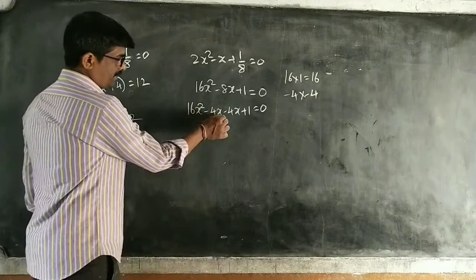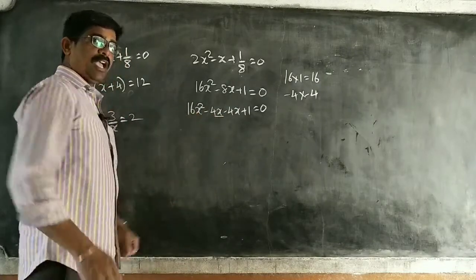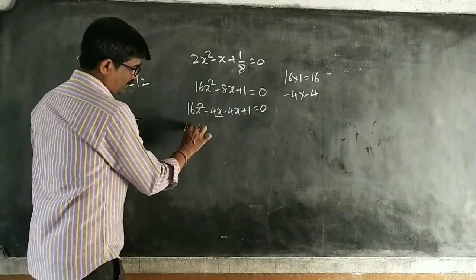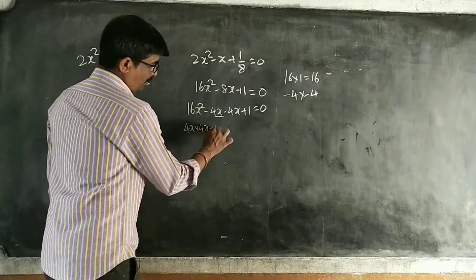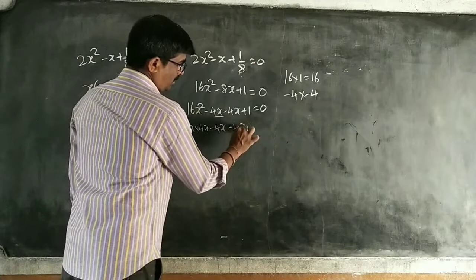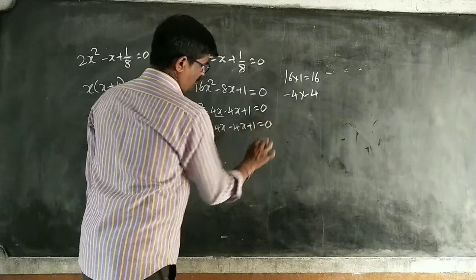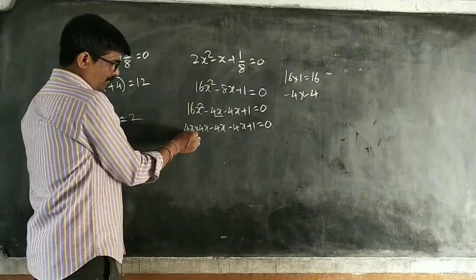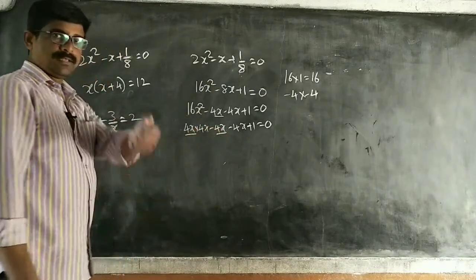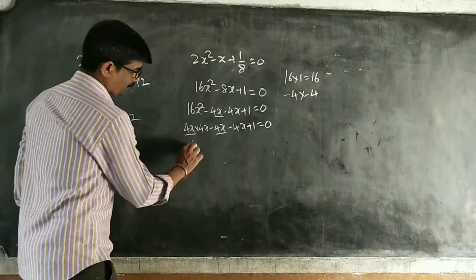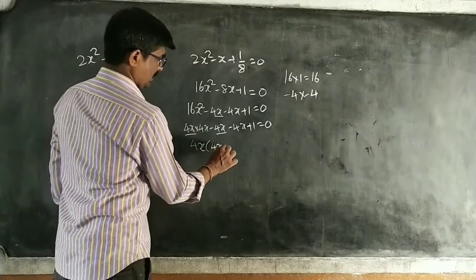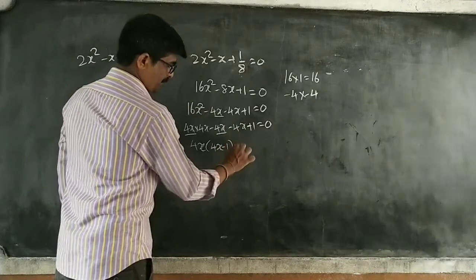So here 4x is there. In the 16x square also I am writing 4x into 4x, 4x into 4x minus 4x plus 1 is equal to 0. Just 4 4 16, x into x square. Here 4x is there, here also 4x is there. Pick up 4x common. 4x into 4x minus 1 minus 1.